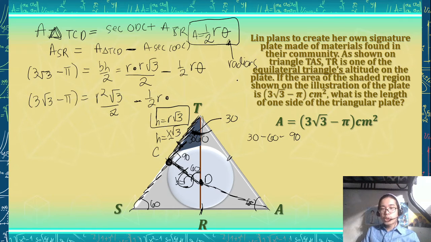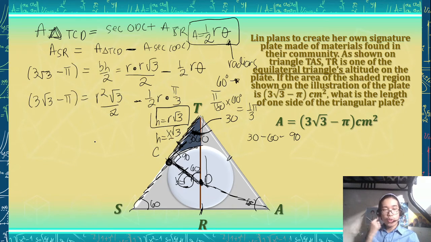To get the measurement of the degrees in radians, since this is sector OCD and we have here 60 degrees, the radian value of 60 degrees is just going to be π over 180 times 60 degrees. So that should give us one third π, or simply π over 3.